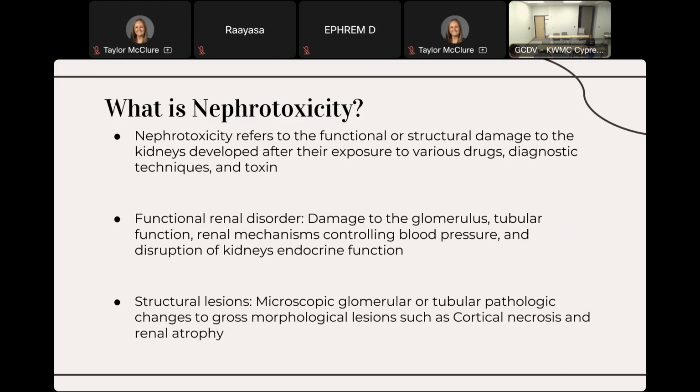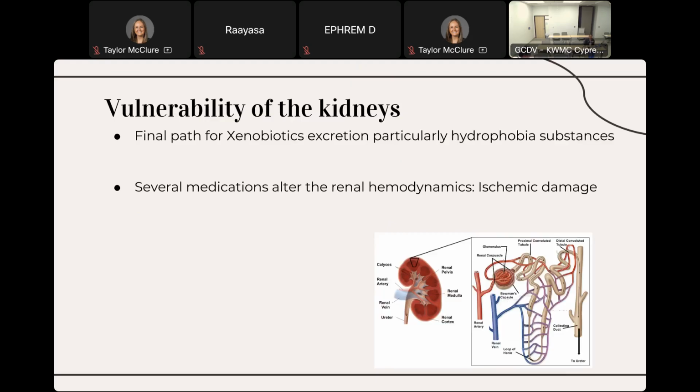The structural lesion, on the other hand, may not cause a functional impairment, but causes something that you can see under the microscope, like microscopic glomerular injury, tubular pathology, or scarring over a period of time, including cortical necrosis or cortical atrophy.